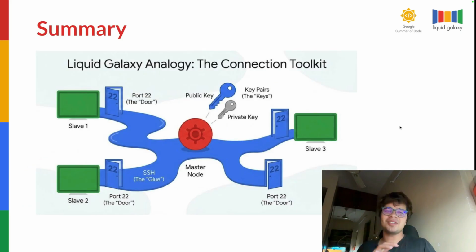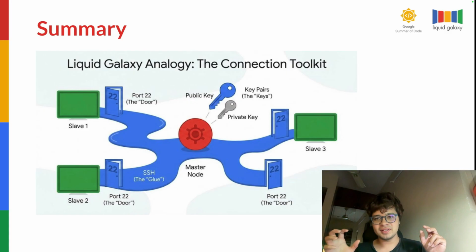So concluding all this, now this is the analogy that I wanted to provide, right? The Liquid Galaxy analogy. So basically, Liquid Galaxy architecture functions as a unified, technical nervous system where SSH, which we talked about, serves as the vital glue connecting the cluster. You can see the bluish or purplish glue. These are the slaves.